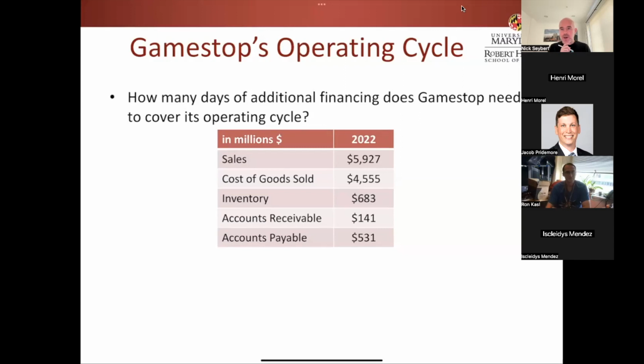So we want to figure out the total days financing needed. But first, let's figure out its operating cycle. Its operating cycle is how many days to sell inventory plus how many days to collect from customers. Now, one reason, by the way, that Best Buy and GameStop both collect from customers really quickly is because a lot of customers don't get credit. Like you and me, the individual consumer, generally we don't get credit from retailers.